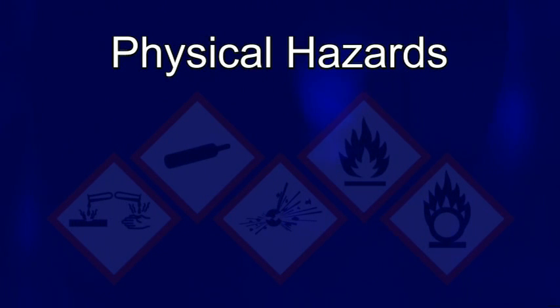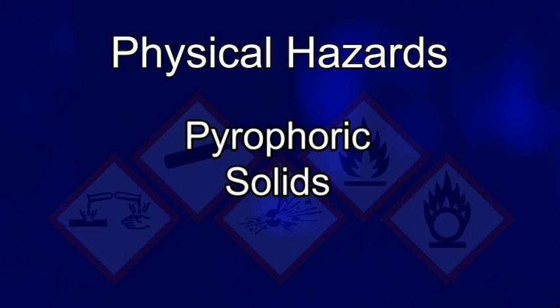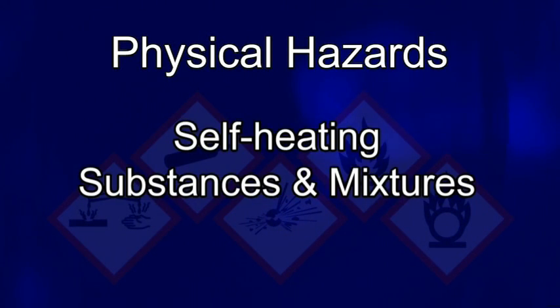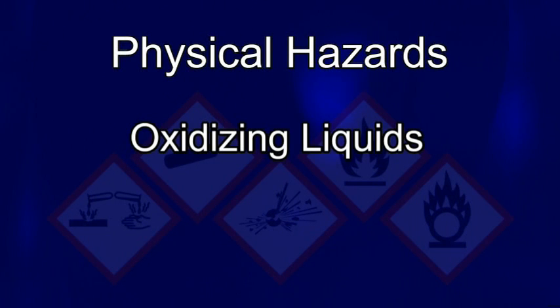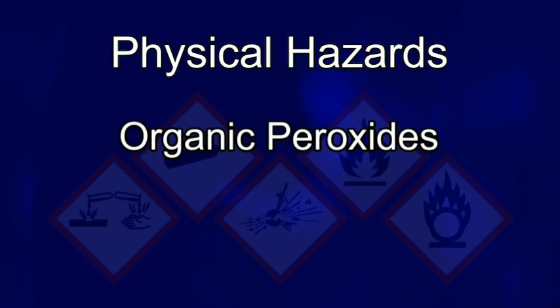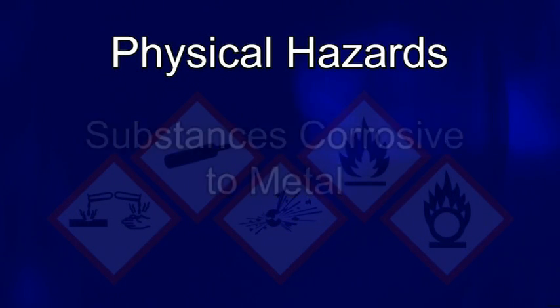Other physical hazard classes include pyrophoric liquids, pyrophoric solids, self-heating substances and mixtures, substances and mixtures emitting flammable gases when contacting water, oxidizing liquids, oxidizing solids, organic peroxides, and substances corrosive to metal.